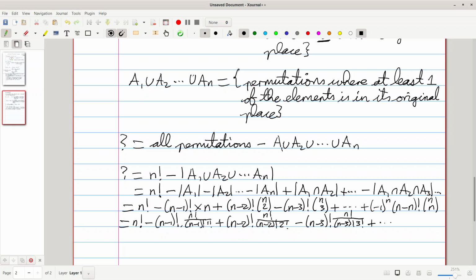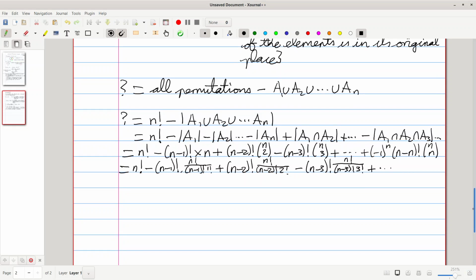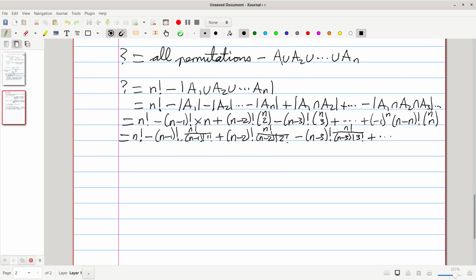As you can see, all the n minus something factorials get cancelled out with the denominators. And I'm going to write it in this way. N factorial over 0 factorial. You should know 0 factorial is equal to 1. Minus n factorial over 1 factorial plus n factorial over 2 factorial minus n factorial over 3 factorial, and so on.